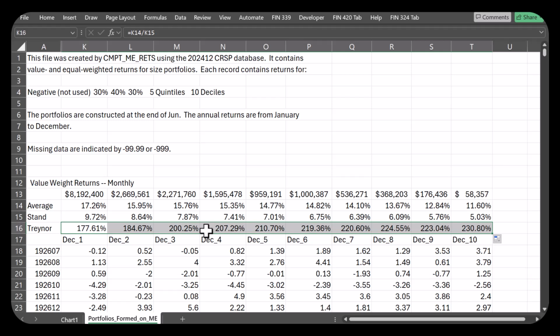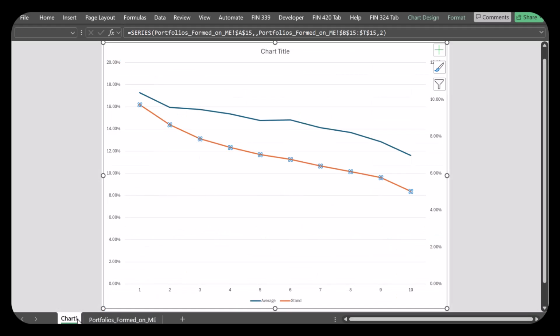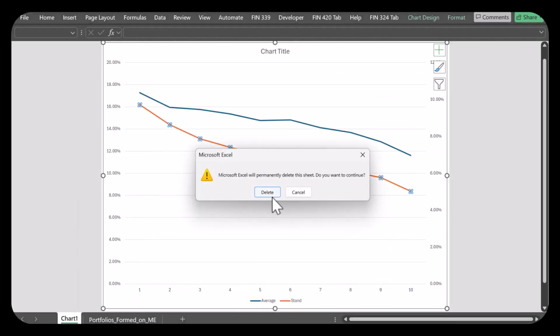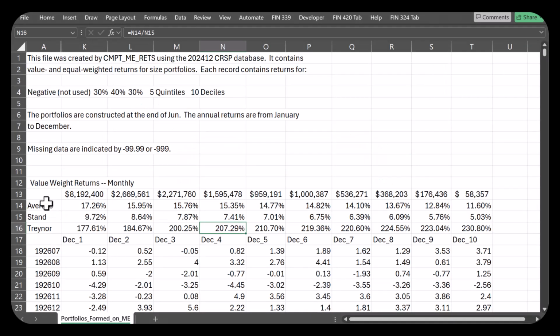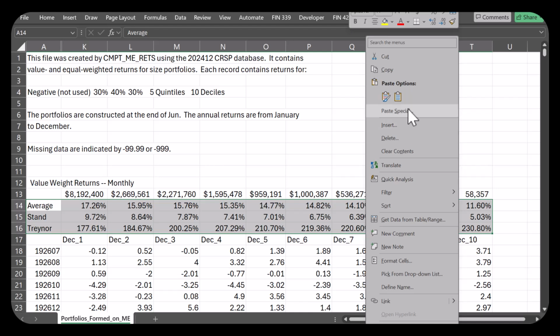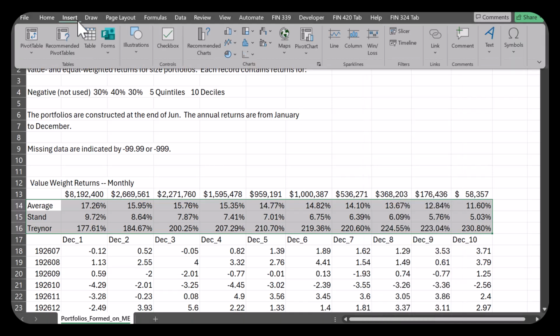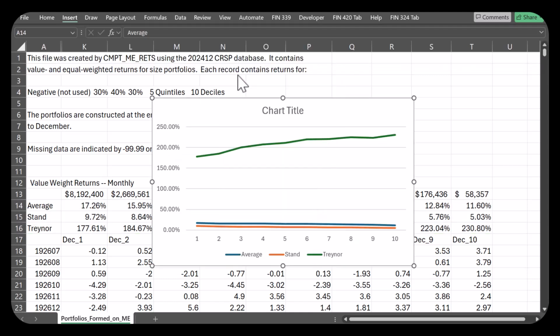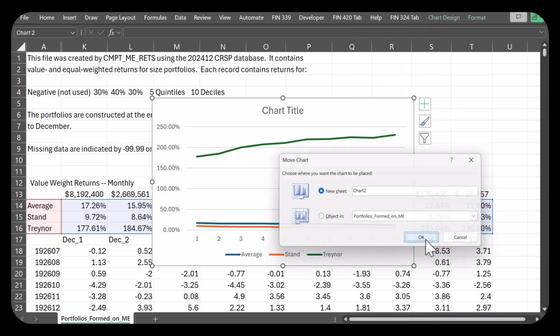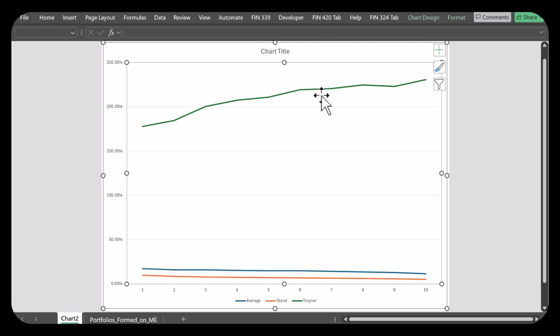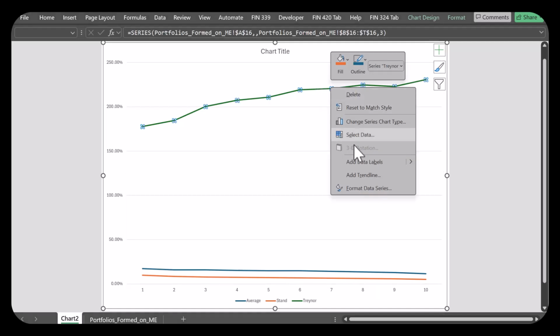Let's get rid of this. All right. This is my Treynor ratio. I'm going to put that into a different scale because the scales are widely different.